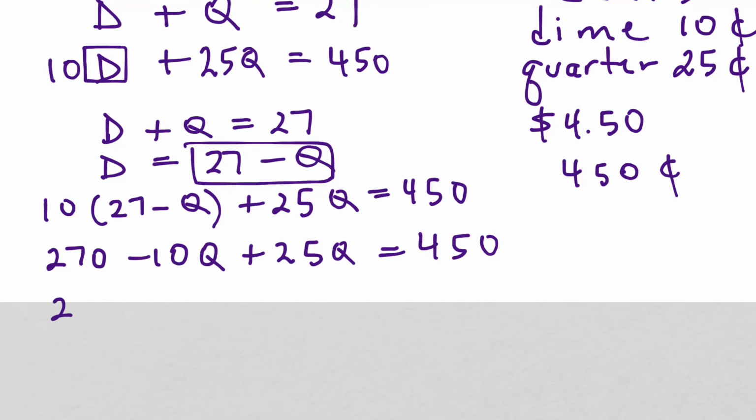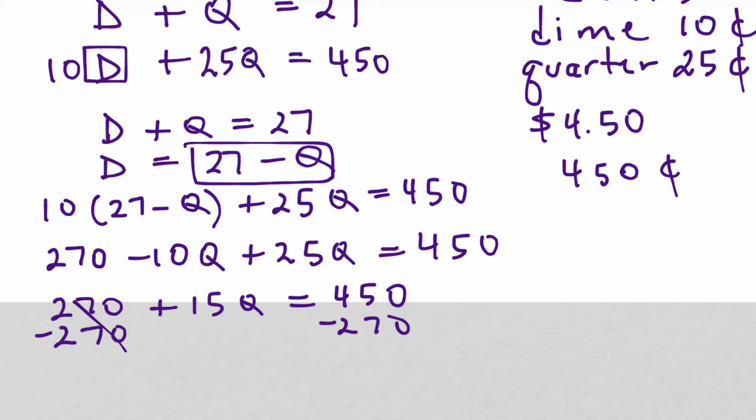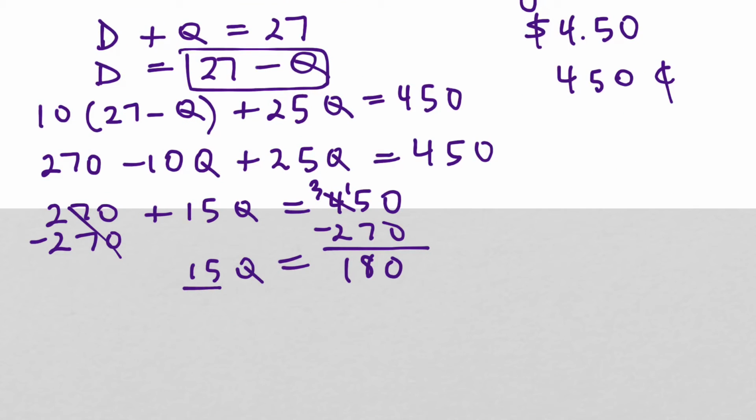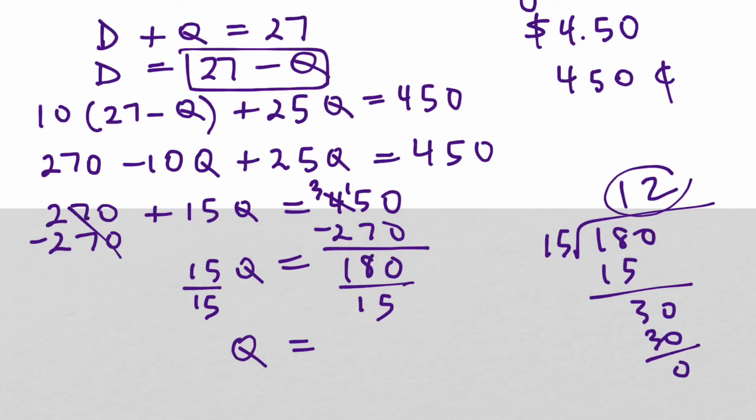So that's 270 plus 15Q is equal to 450. If I subtract 270, I'll have 15Q is equal to 180. Now let's divide by 15. So Q is equal to 12.